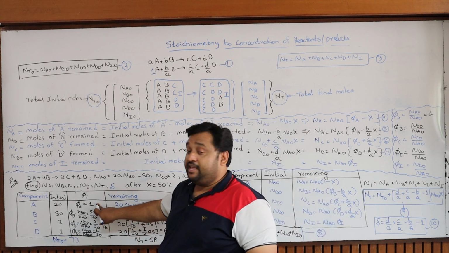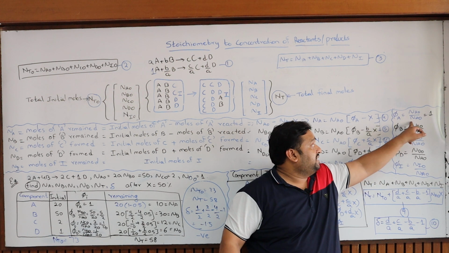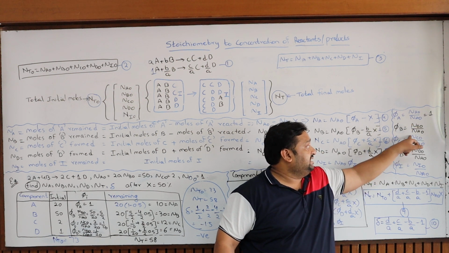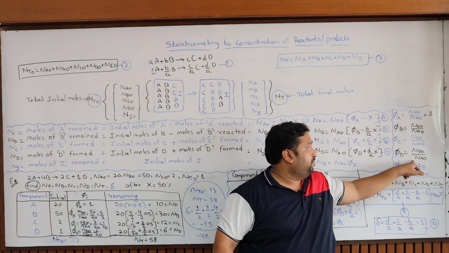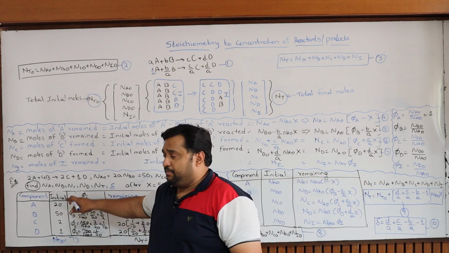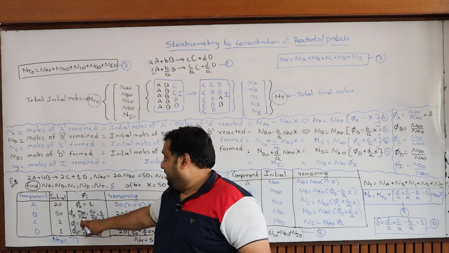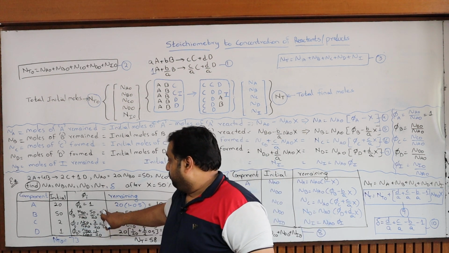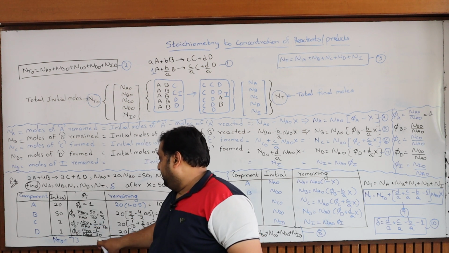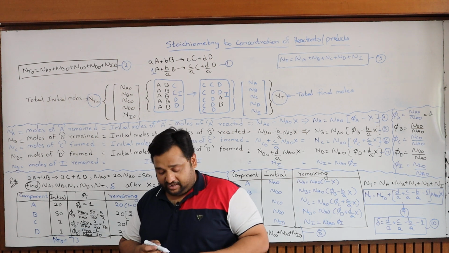Phi A is obviously 1, Na0 by Na0. Phi B is Nb0 by Na0, phi C is Nc0 by Na0, phi D is Nd0 by Na0, phi I is Ni0 by Na0. In this example inerts are not present, so you don't need to worry about the inerts. Nb0 by Na0 gives 5 by 2, phi C is 1 by 10, phi D is 1 by 20.